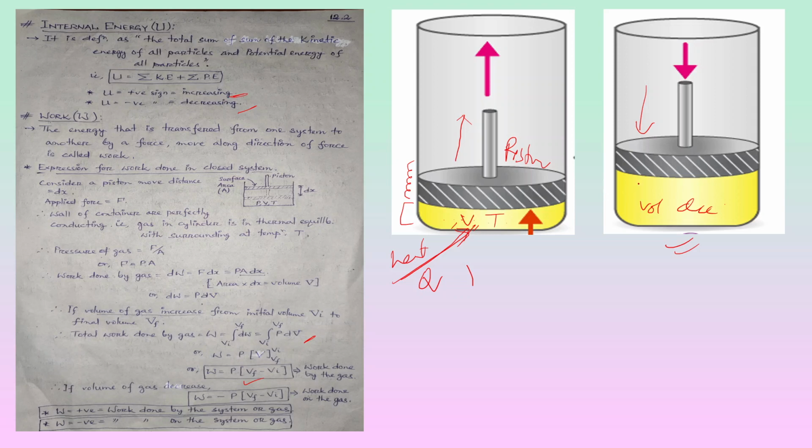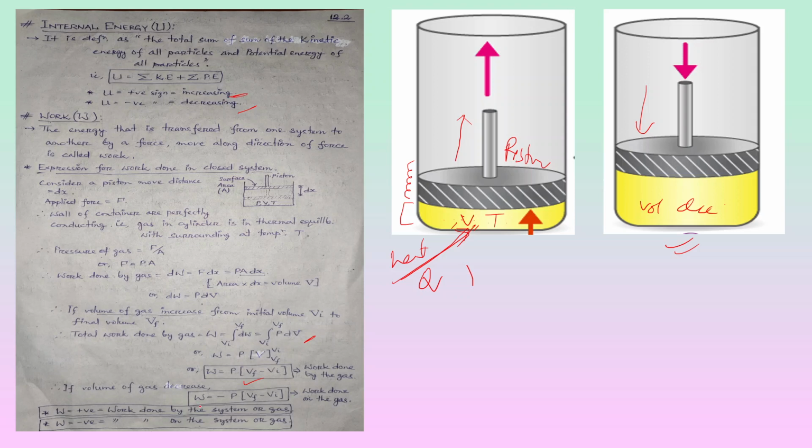When this happens, we say the piston is working on the system, and we call it work done on the system or on the gas. When the gas is expanding, the volume will increase, and in that case we call it work done by the gas. When some external force is applied, due to that the volume will decrease, then we call it work done on the gas.